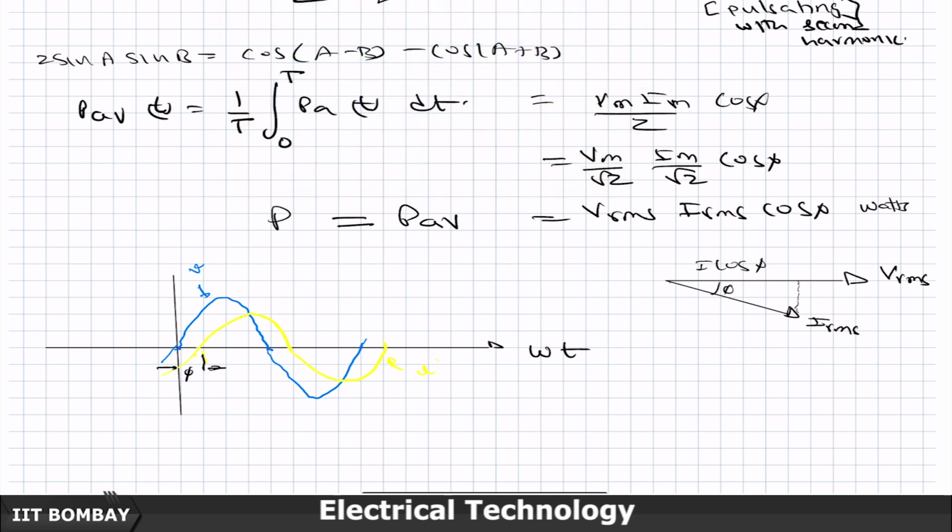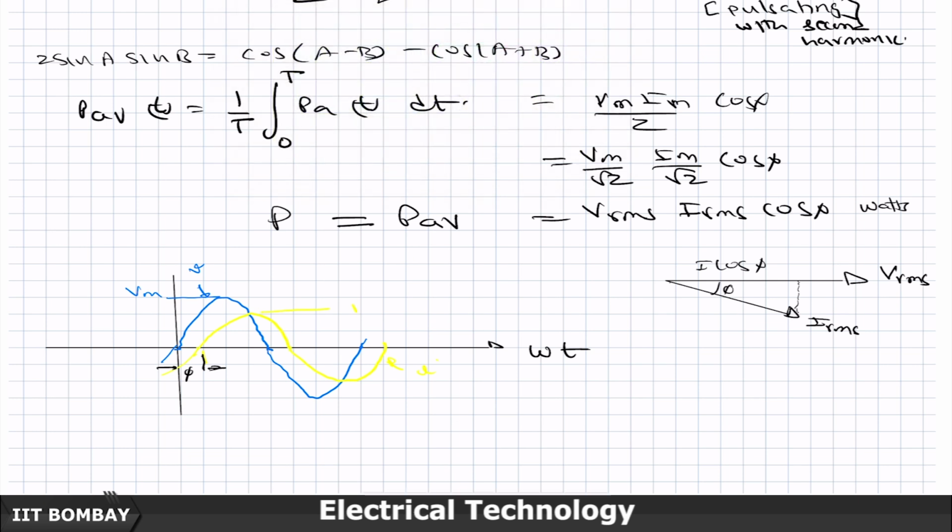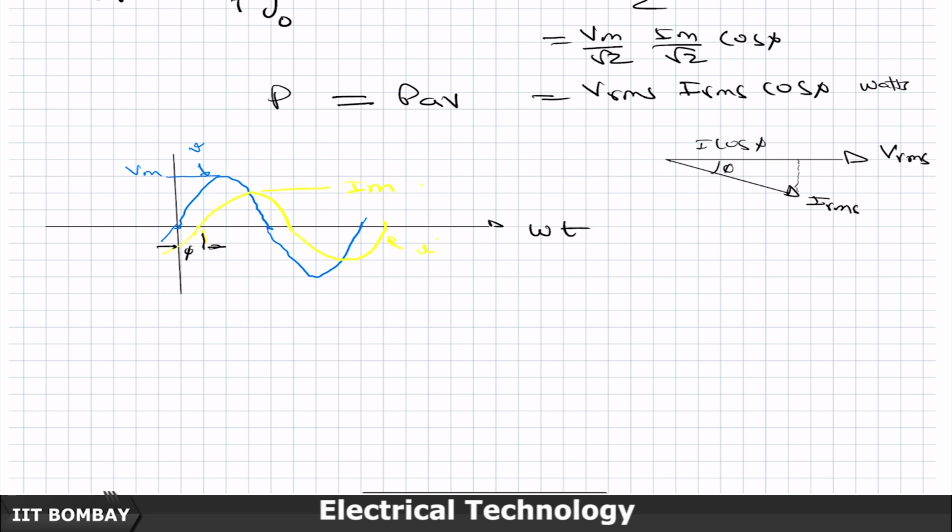This peak is Vm, and this peak here is Im. Now, this Im, this phasor here, I want to write as Im sine of omega t minus phi.